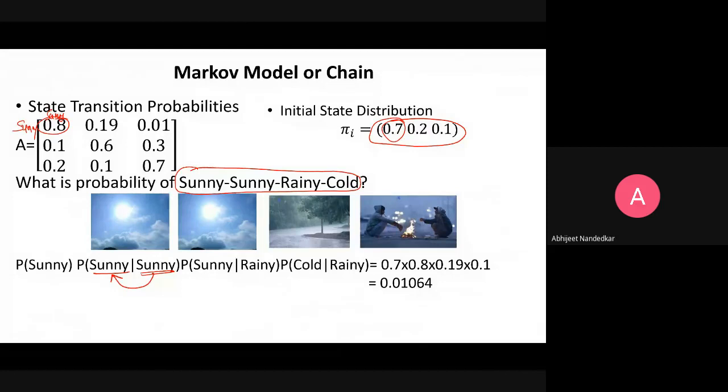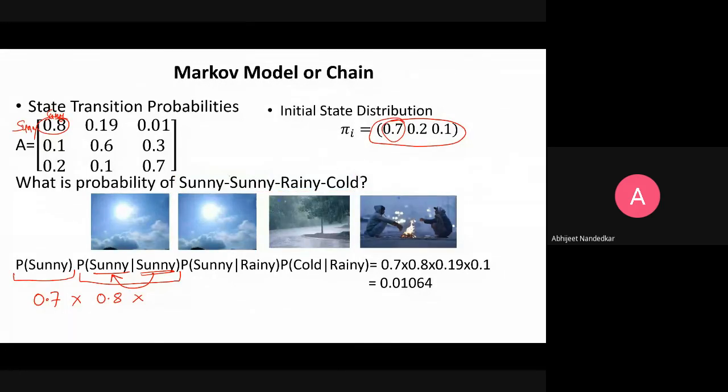This 0.8 is the probability of this event. So we have 0.7 multiplied by 0.8.